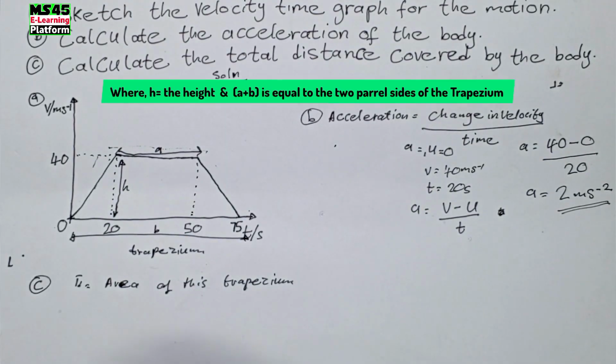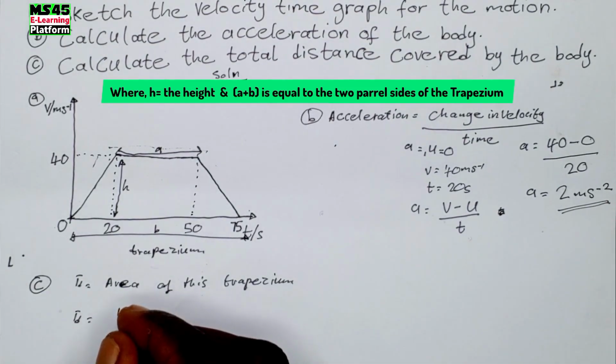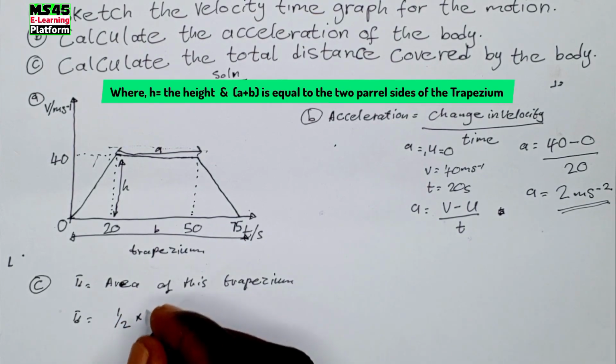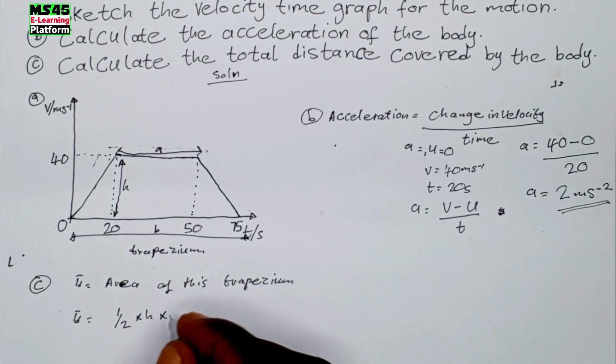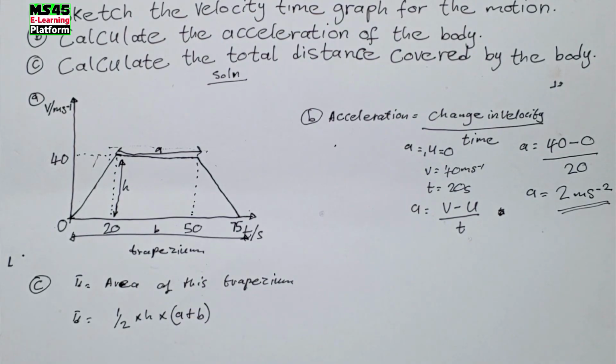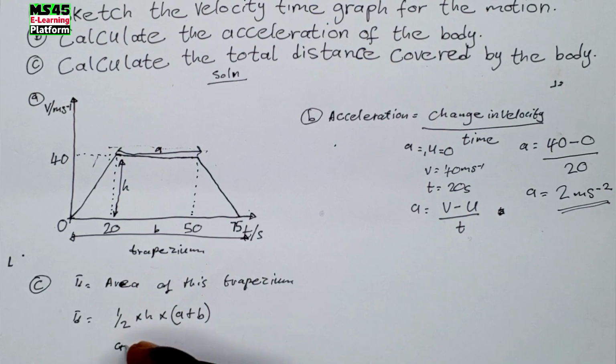And we have the formula for finding the area of a trapezium, that is half times height times a plus b.